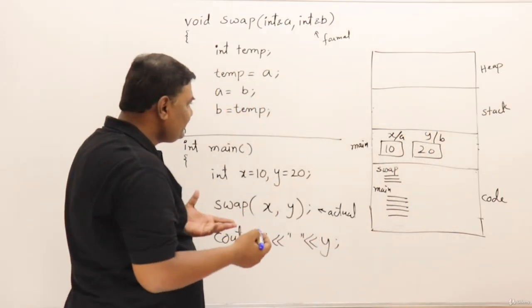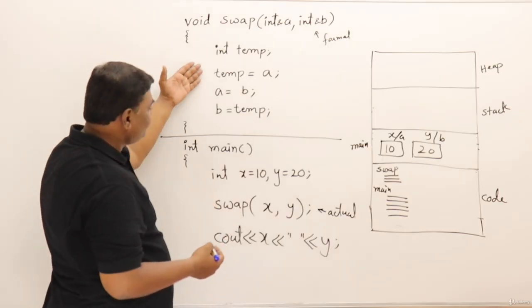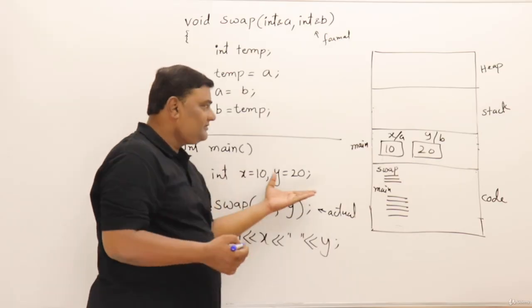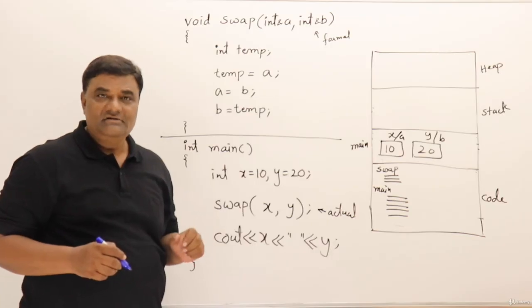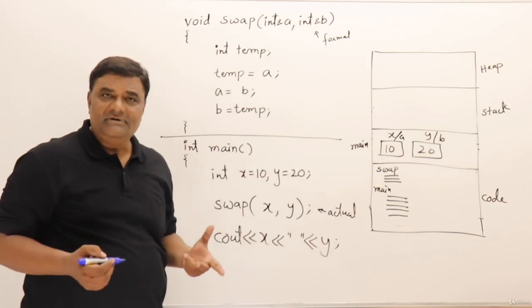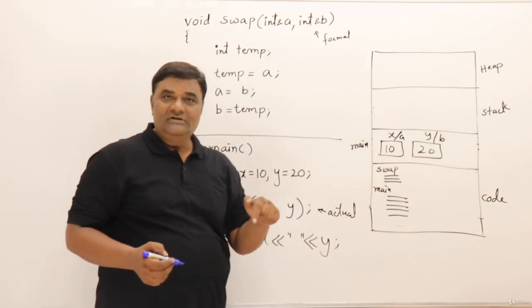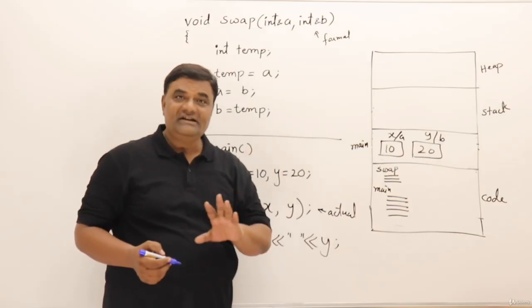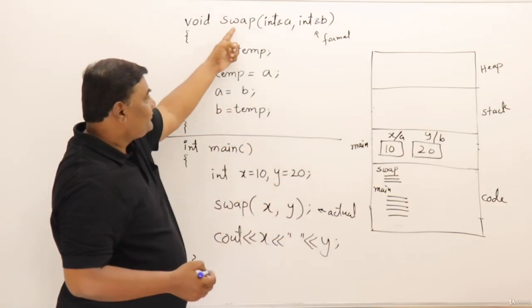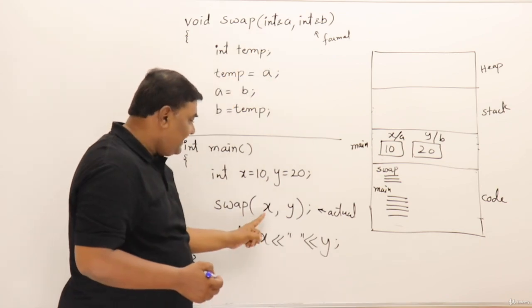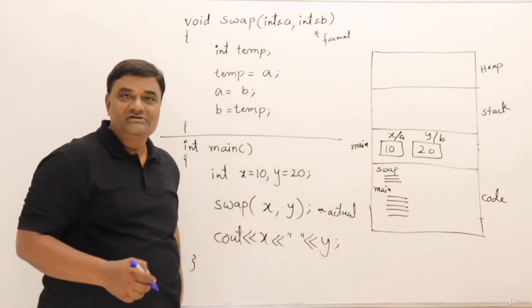How is it possible that this function can directly access the variables of that function? It's not possible. We already know that one function cannot access the variables of another function at all. But here we are saying that the swap function will call this as a and this as b. How is it possible?